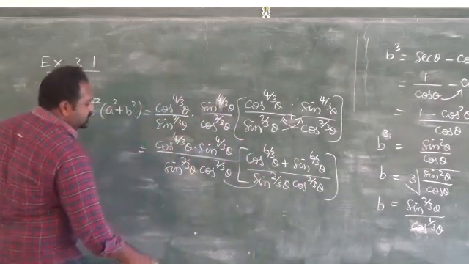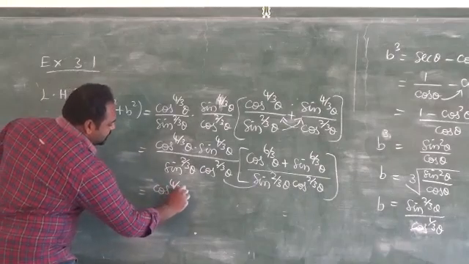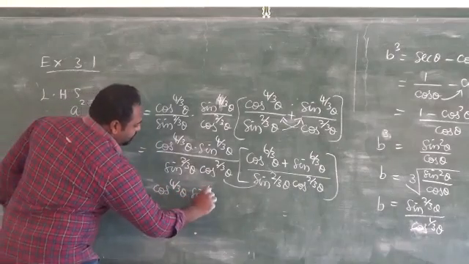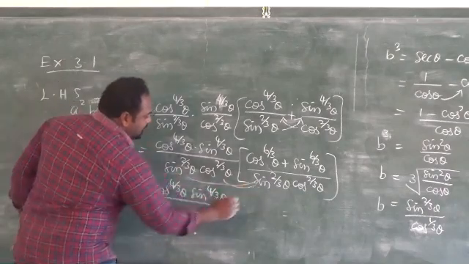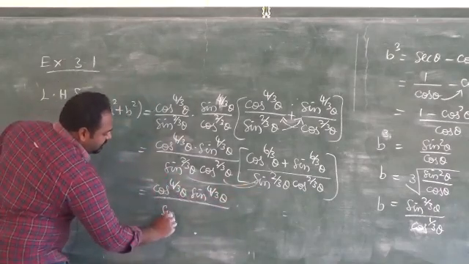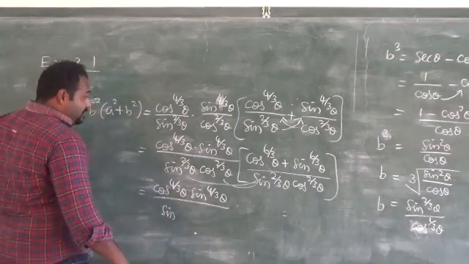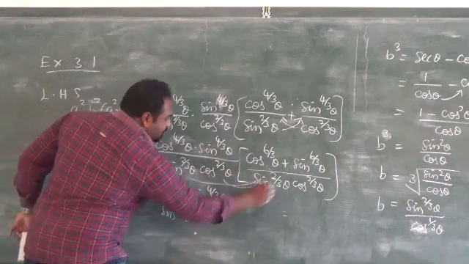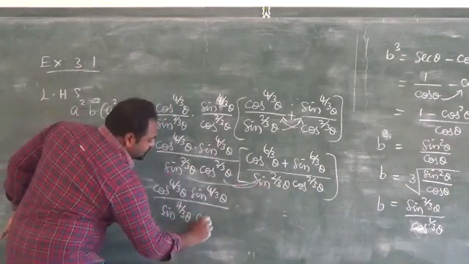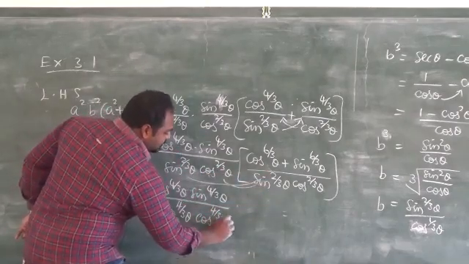Just multiply this to get cos power 4 by 3 theta sin power 4 by 3 theta divided by, when you multiply sin into sin, the powers should be added, 2 by 3 plus 2 by 3 is 4 by 3 theta, and cos into cos, powers 2 by 3 plus 2 by 3 is 4 by 3 theta.